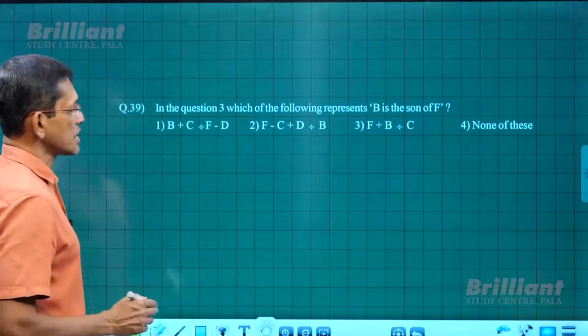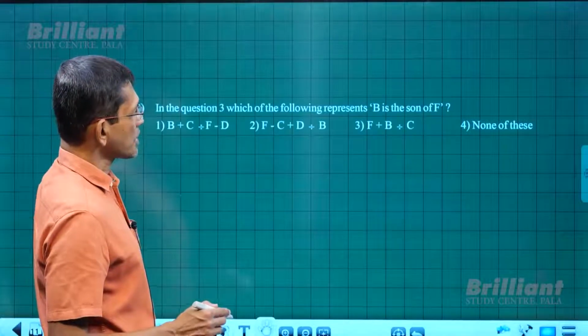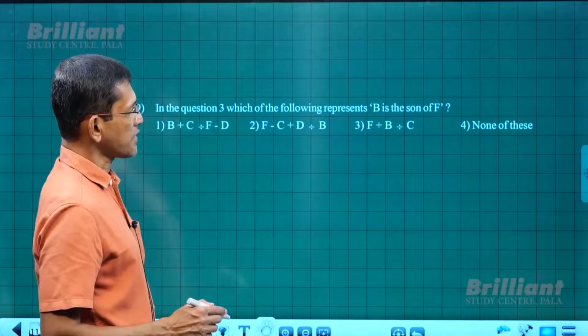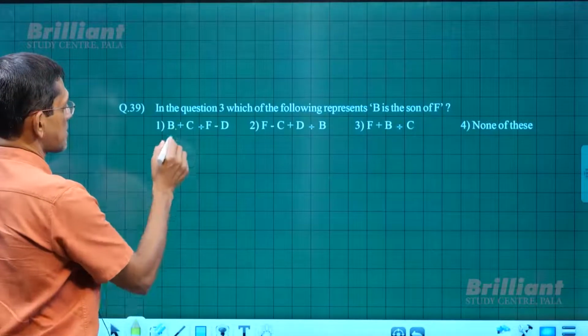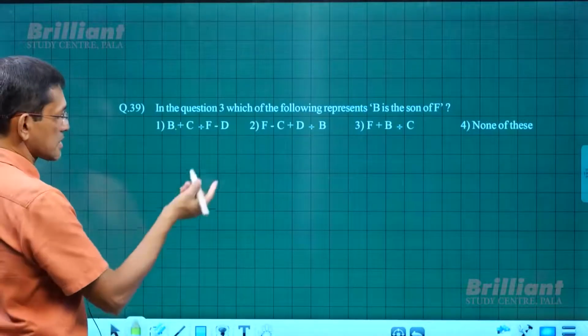The question: which of the following represents B is the son of F? So B plus C. Do you remember the relation B plus C?